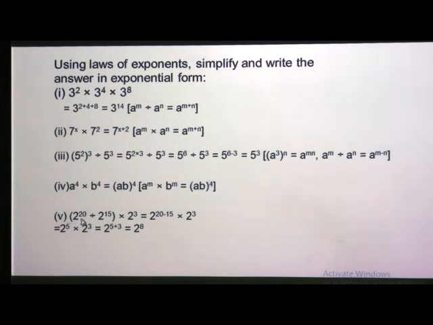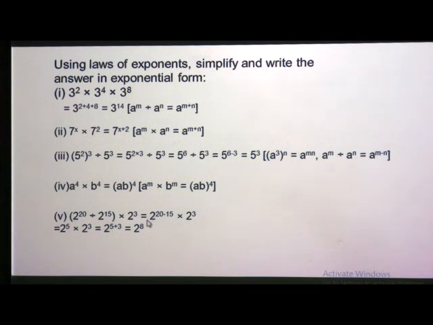Now, one more example: 2 raised to the power of 20 divided by 2 raised to the power of 15, bracket complete, multiplied by 2 cube is equal to, here what we can say is both the bases 2 are the same.